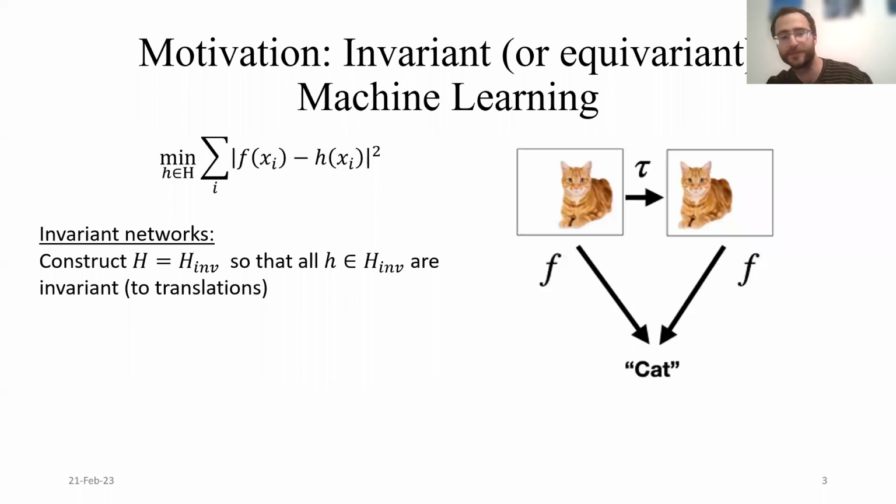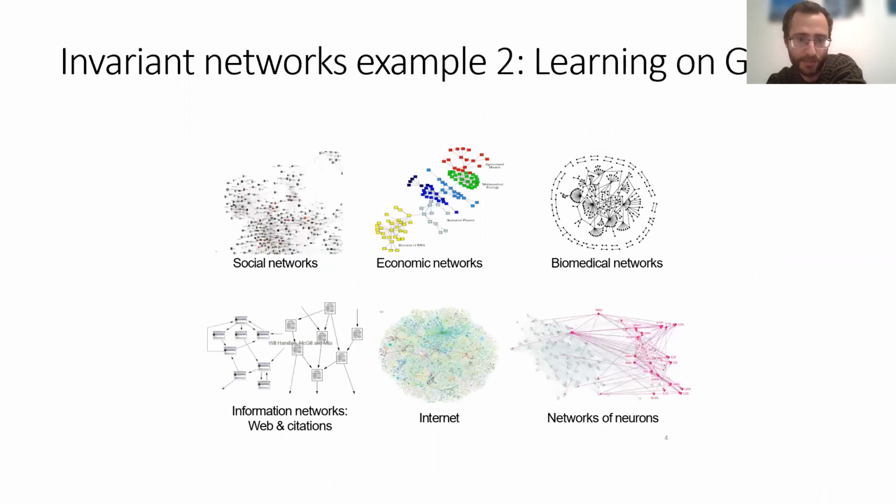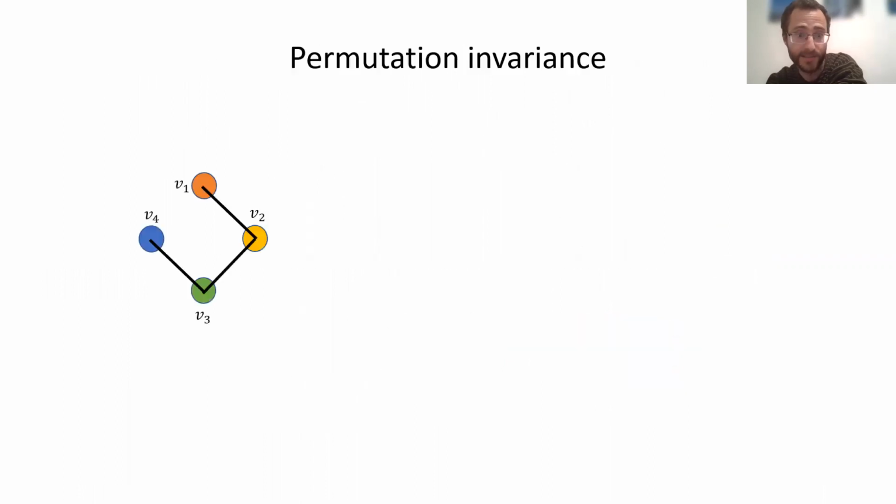Okay, so for images, a good example for that is convolutional neural networks, which more or less respect symmetries to translation. There are several other examples. For example, graphs. They have permutation invariance. So if you relabel a graph, that shouldn't make any real difference.